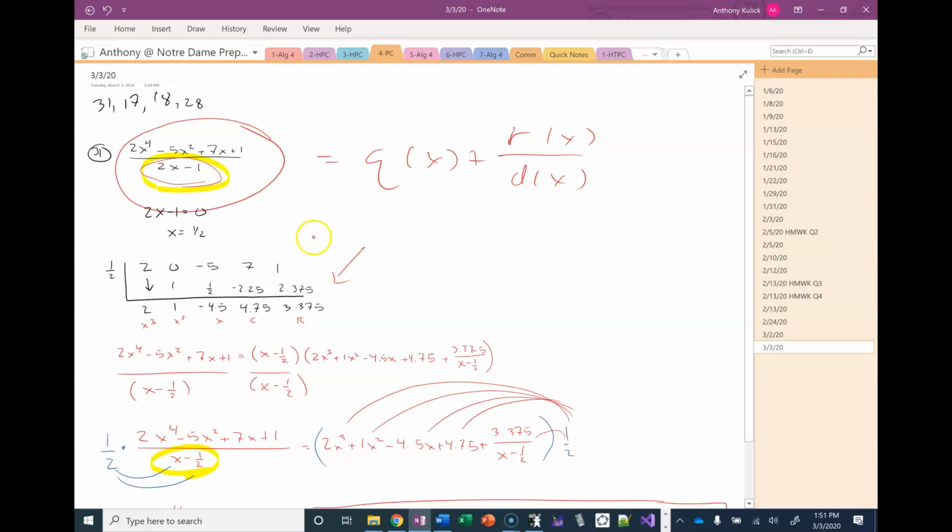What we're doing here, though, when we did this synthetic division, isn't that. What we did was this division.